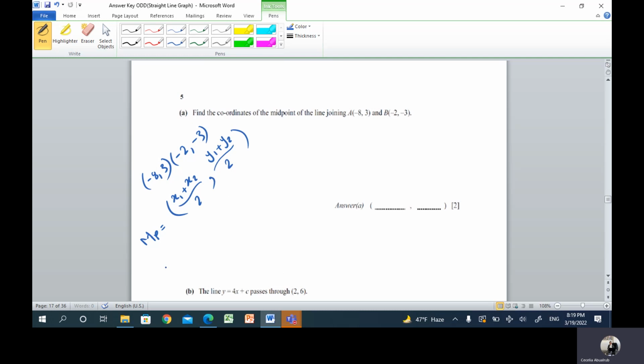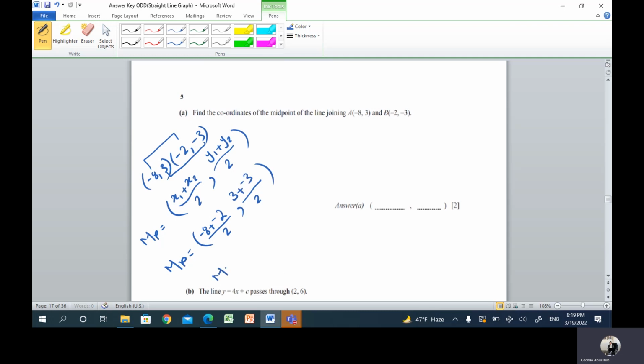Let's substitute in this midpoint formula. The x's are -8 plus -2, and the y's are 3 and -3, so it will be 3 plus -3.